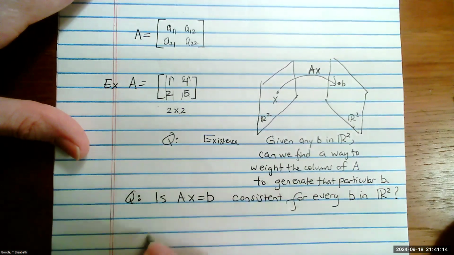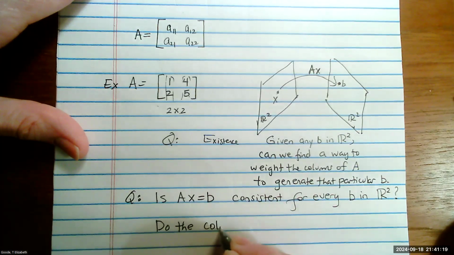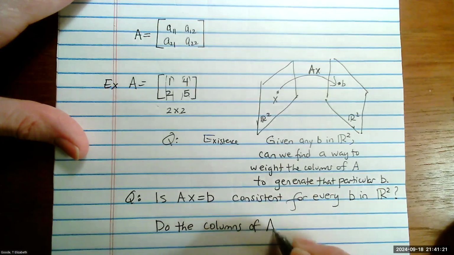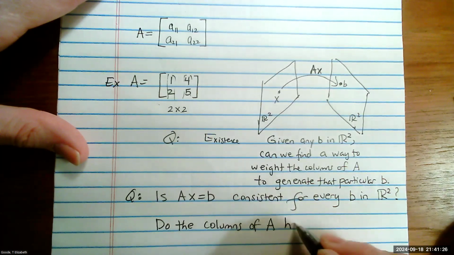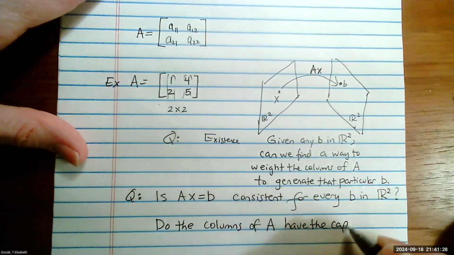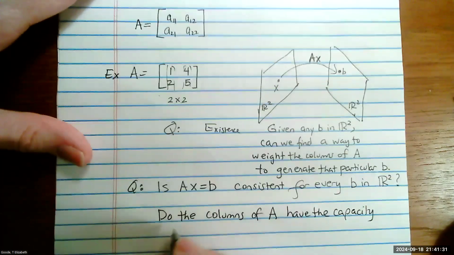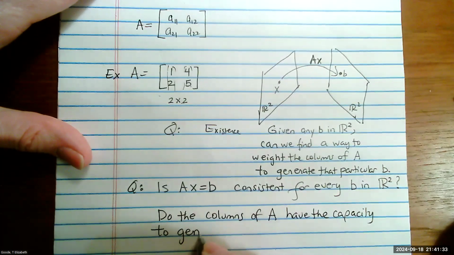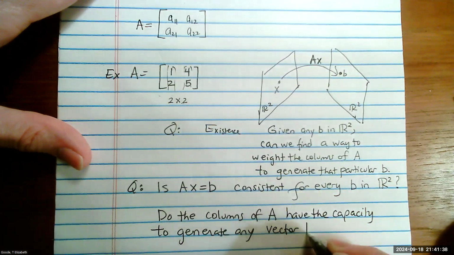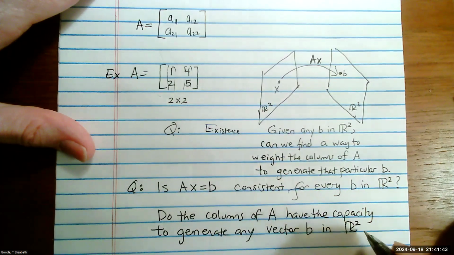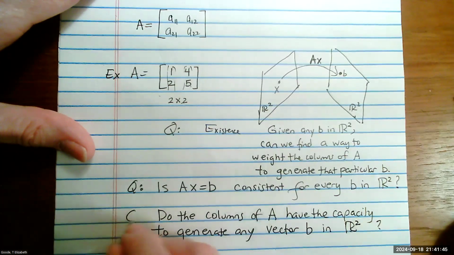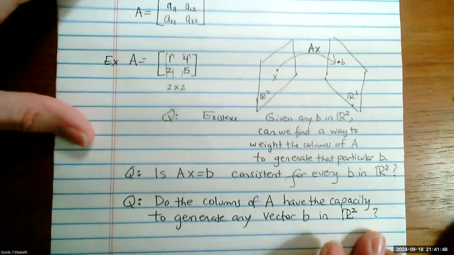In other words, do the columns of A have so much power, in some sense, the capacity to generate any vector B in the space of the right size? In this case R^2, but we want to think about this more generally, R^m.